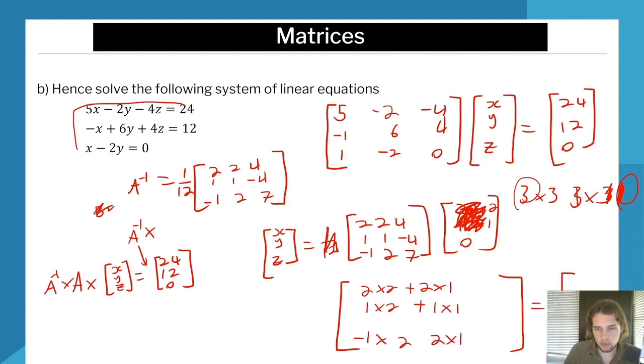This is equal to 6, 3, and 0. So that is the answer that we get from our simultaneous equations. We know that x, y, z is equal to 6, 3, 0. So x is equal to 6, y is equal to 3, and z is equal to 0.